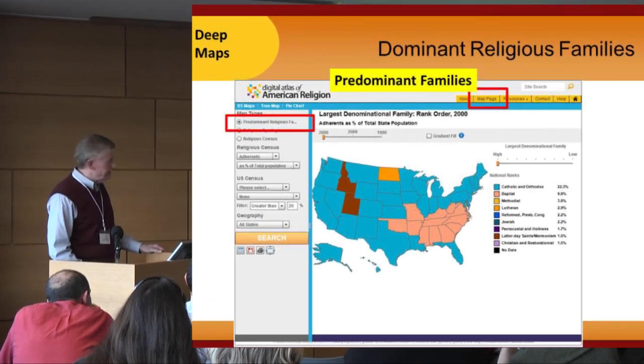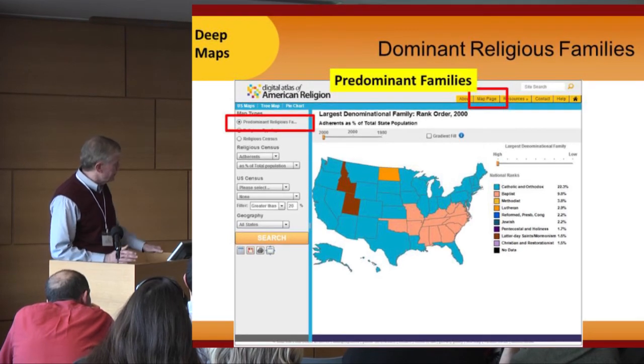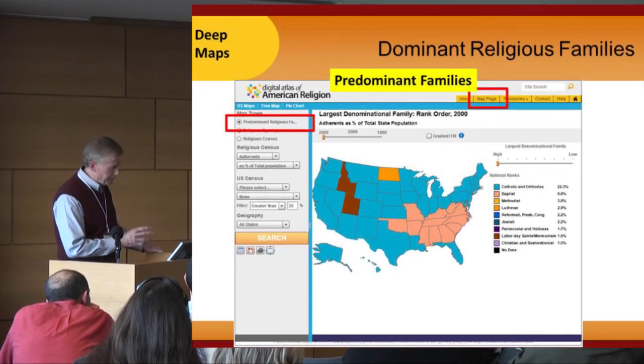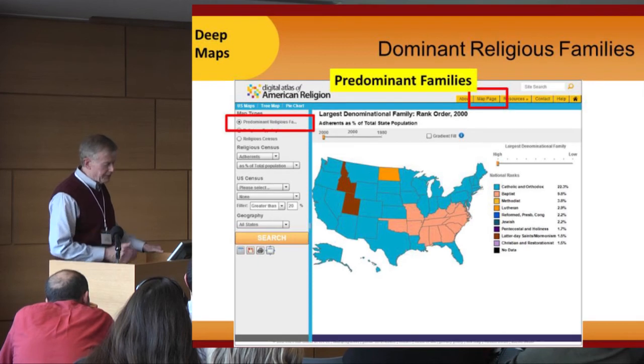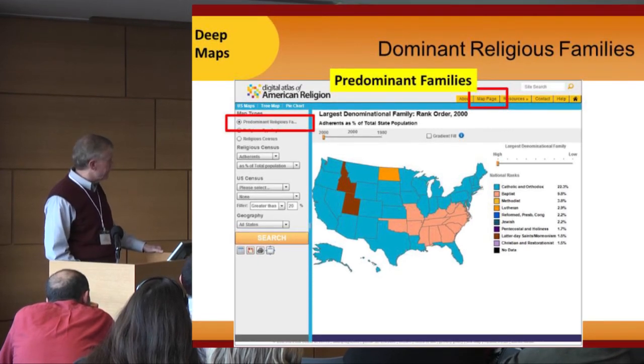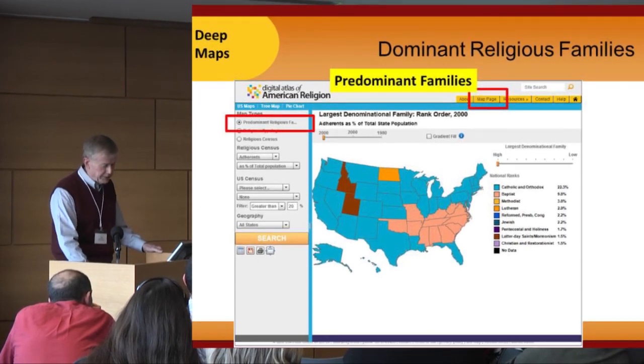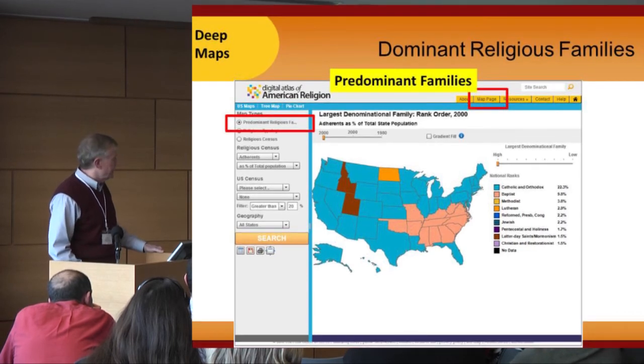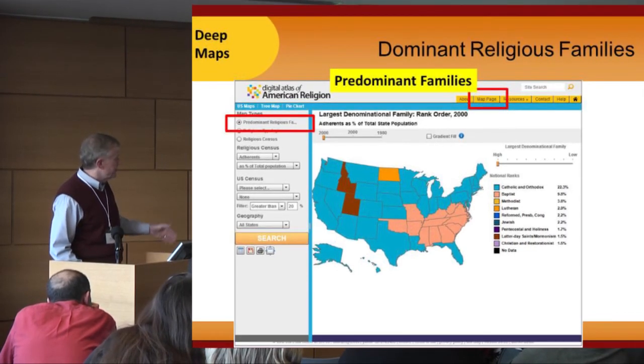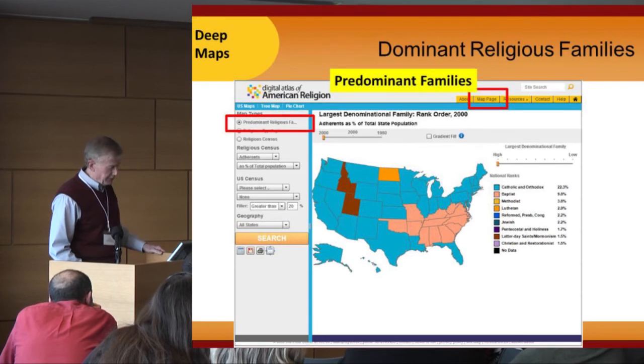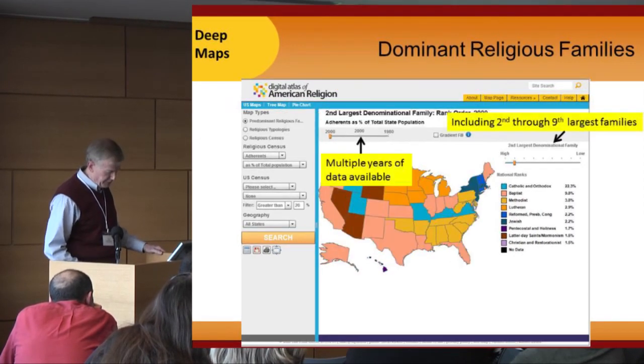You can see in the legend over there, we've given not simply the representation of the color, but we've also given you the national ranks so that you can tell that Catholics constitute 22% of the nation's adhering population, and that's clearly not going to be the case in the South, where the Southern Baptists are dominant.